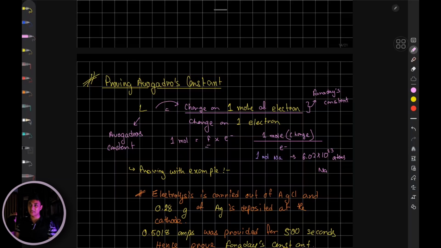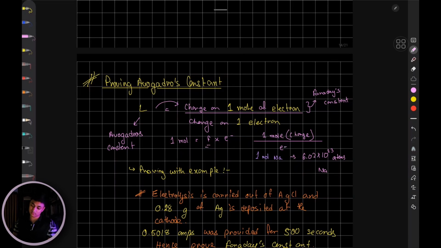If I divide the charge of 1 mole of electrons by the charge on 1 individual electron, I'll get the number of electrons that there are in 1 mole of electrons.